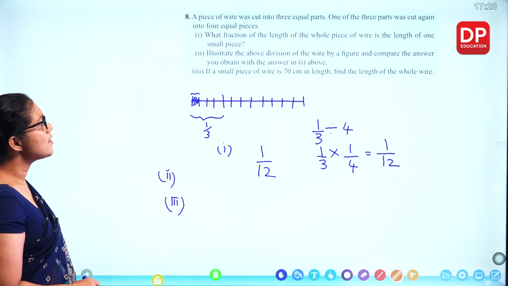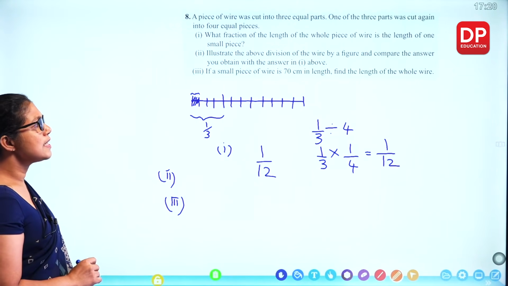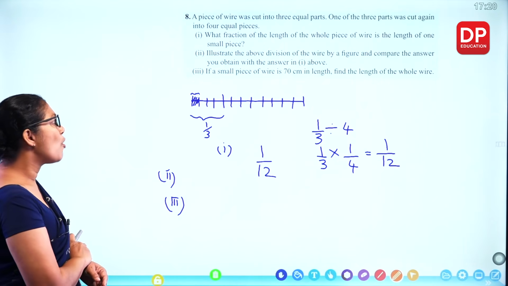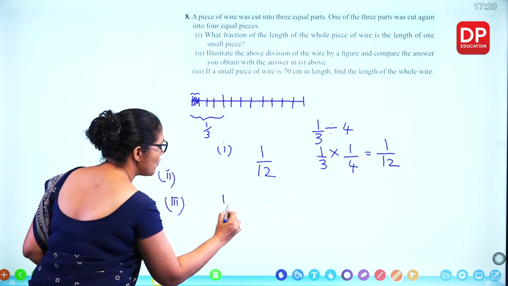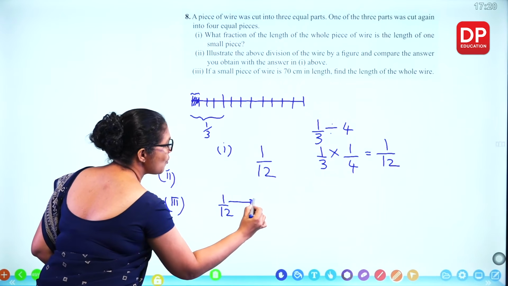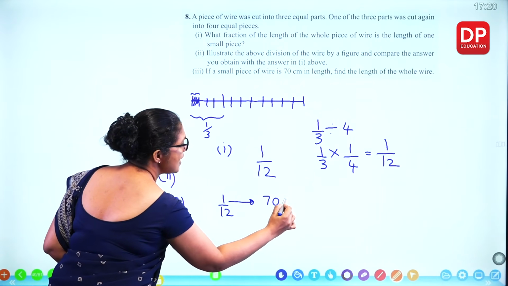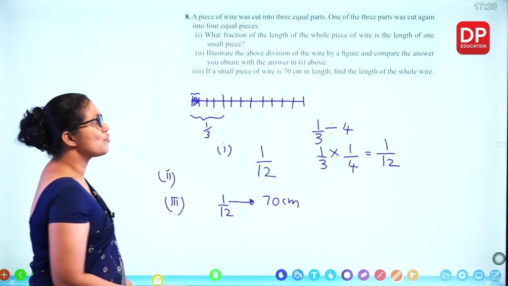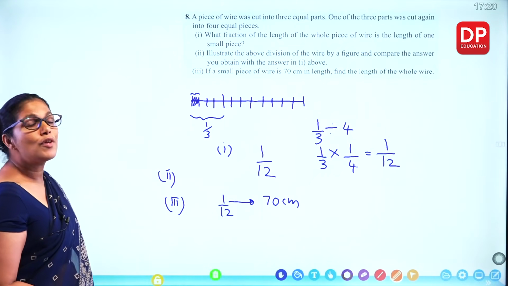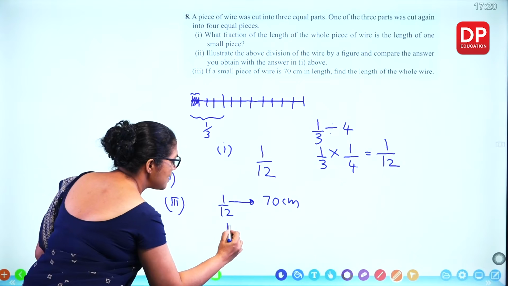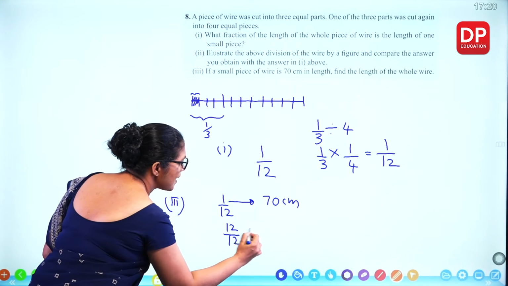If a small piece of wire is 70 centimeter in length, find the length of the whole wire. So small part represent 1/12. So 1/12 means 70 centimeters. So you are asked to find out the length of the whole wire. So that means total 12 parts are there.